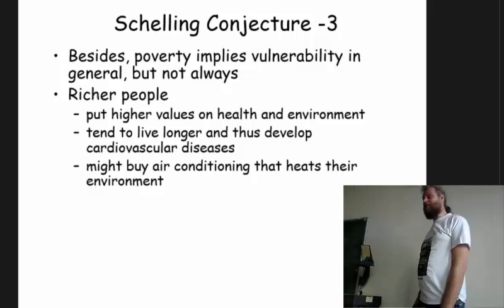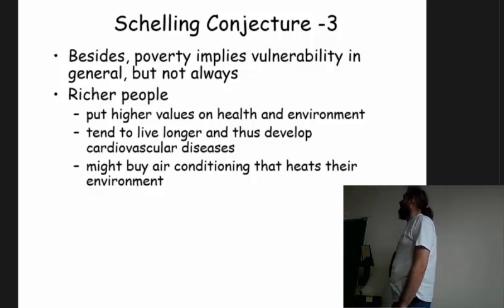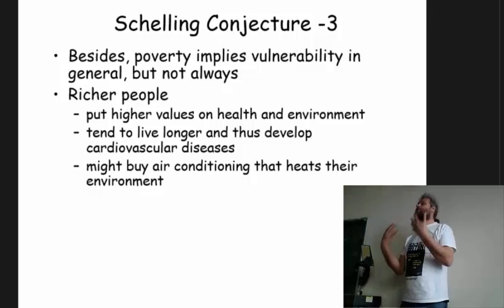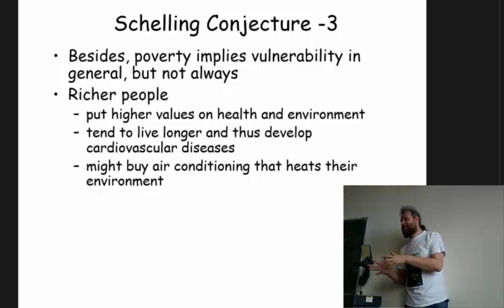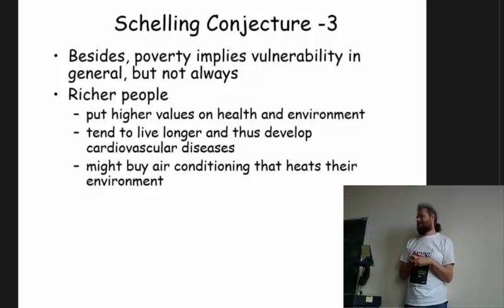And then there's, of course, the issue that, overall, poverty implies vulnerability. That is not the case everywhere. For instance, richer people put greater value on health impacts and on the environment, partly because of higher ability to pay, but partly also because they seem to have more time to care about and worry about these things.